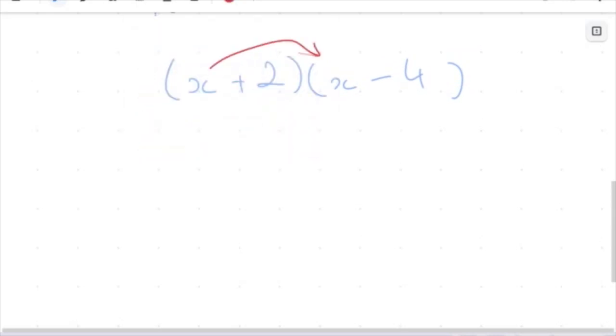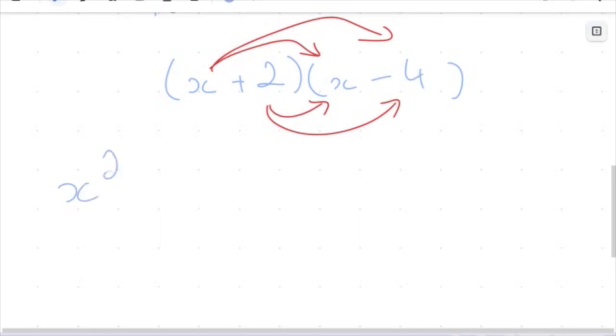We can just use our FOIL method, or in other words, we just want to multiply all of these terms by one another. They all have to interact. So I'm going to work through this just like any other question. X times x gives me x squared. X times minus 4 gives me minus 4x. 2 times x gives me positive 2x. And 2 times minus 4 gives me negative 8.